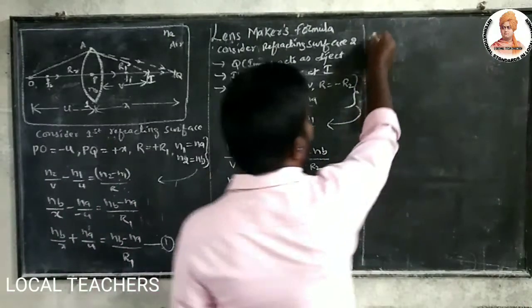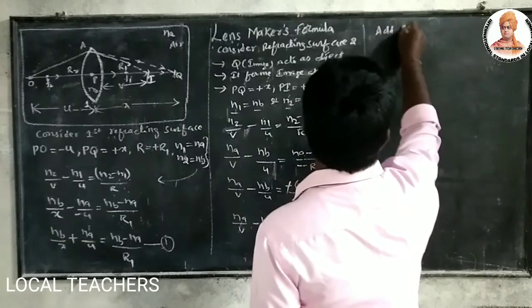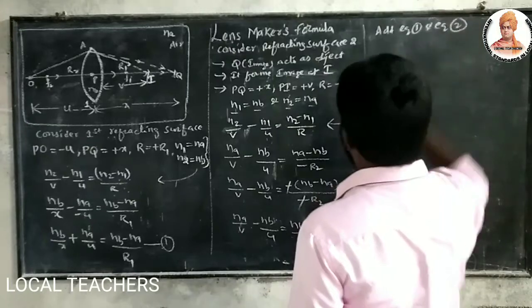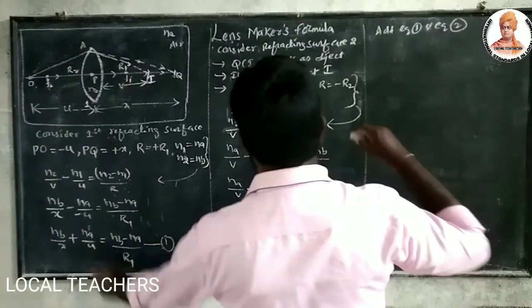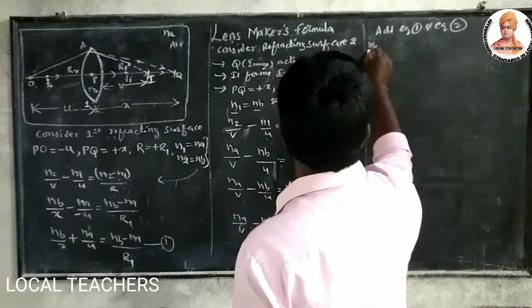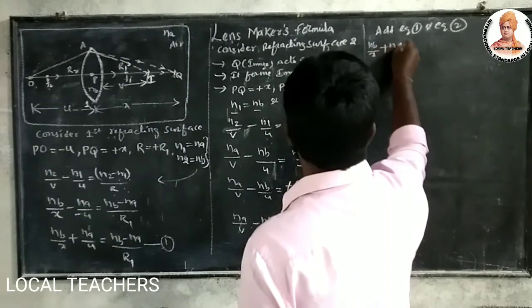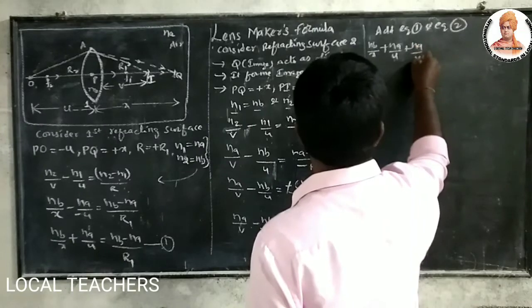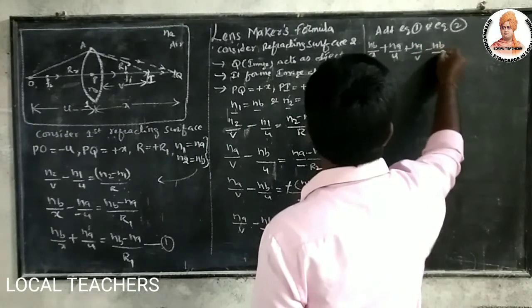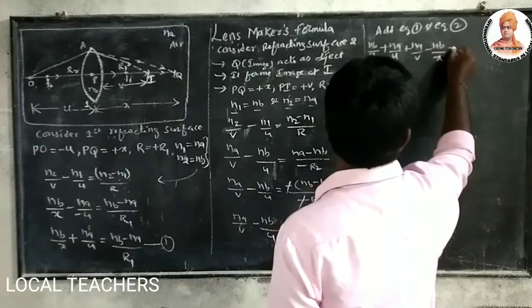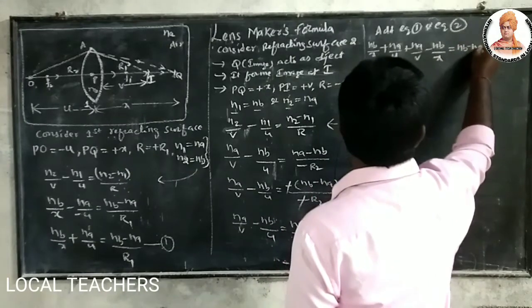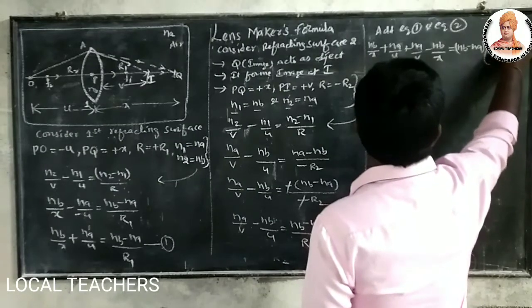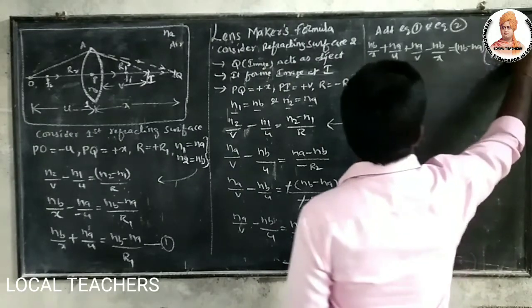So just here, add equation 1 and equation 2. So write here: NB by X plus NA by U plus NA by V minus NB by X equals NB minus NA, take common on the right side, that is 1 by R1 plus 1 by R2.